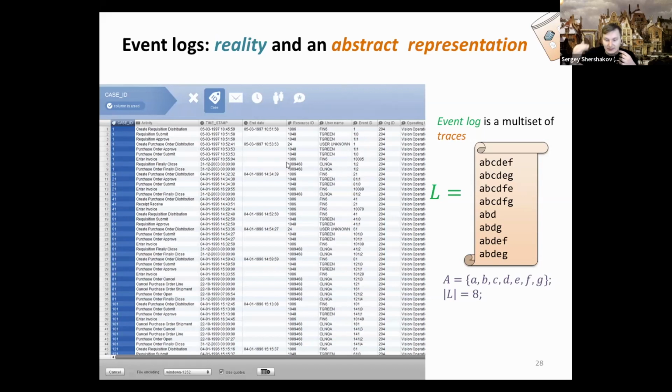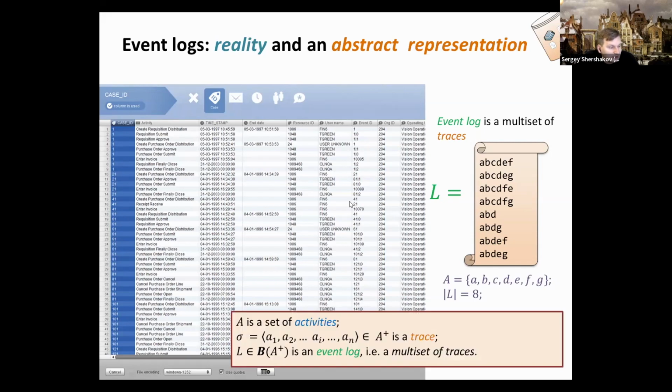So here an event log is just a table with some attributes, and what you have to do is just map these attributes to three important components. We're going to discuss them in detail a bit later.